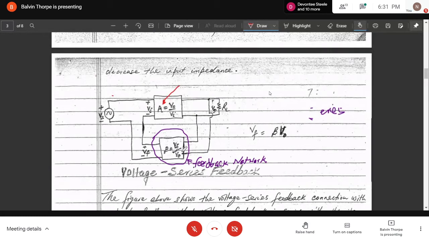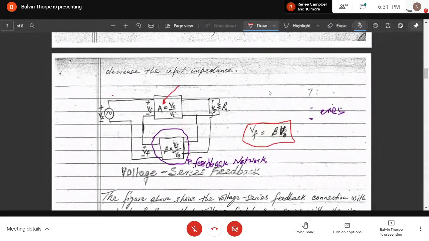What about the feedback network? The gain of the feedback network, we call it beta. What is coming into the network? Beta is VF over VO, which is what I have highlighted right here.